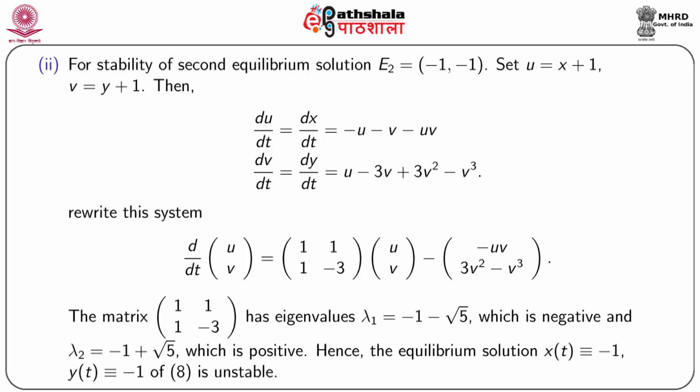Rewriting again the system in matrix form, we will get d/dt of (u, v) is equal to the matrix [1, 1; 1, minus 3] times (u, v) minus the nonlinear part (uv, 3v square minus v cube). The eigenvalues of the Jacobian matrix are minus 1 minus root 5, which is negative, and minus 1 plus root 5, which is positive, and hence we conclude that the equilibrium solution x(t) equal to minus 1 and y(t) equal to minus 1 of 8 is unstable.